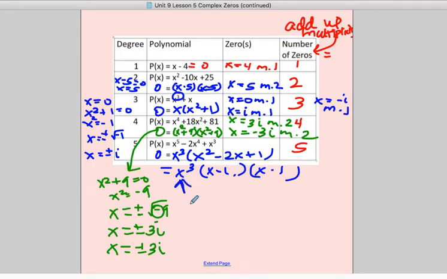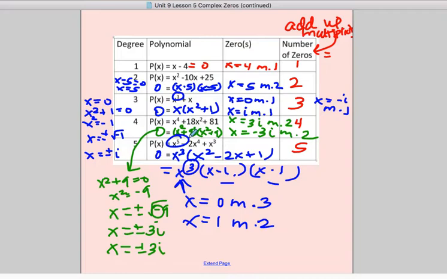When I solve this piece, I'll get x equals 0, and it has a multiplicity of 3 because it's to the 3rd degree. And then x minus 1, when I solve that, I'll get x equals 1, and it has a multiplicity of 2 since it will happen twice. And I would check 3 plus 2 is 5, so that matches my number of zeros. It also matches the degree of my polynomial.